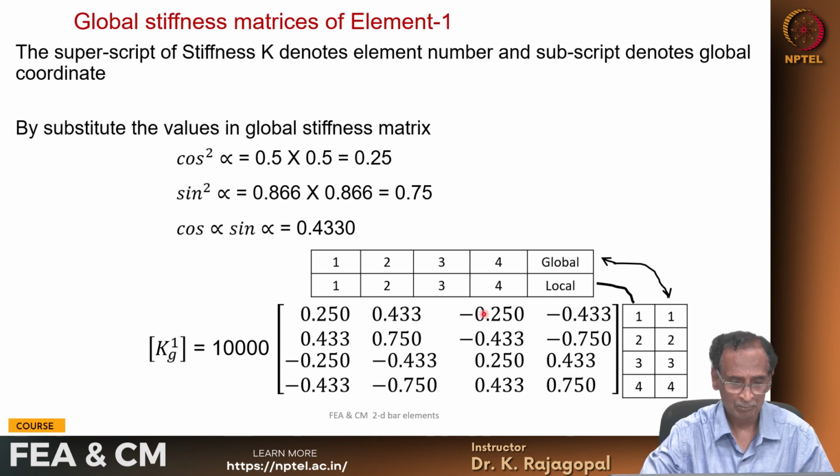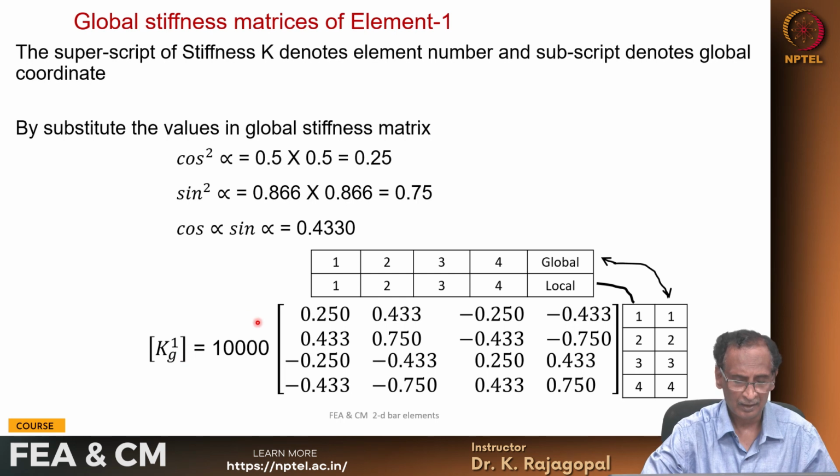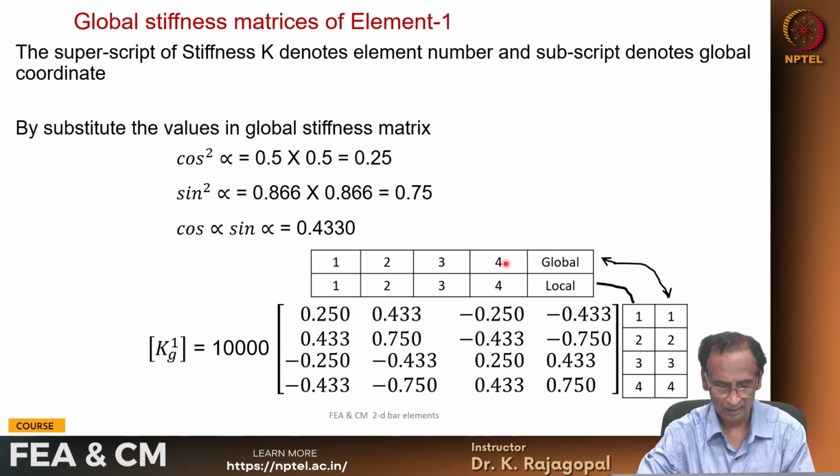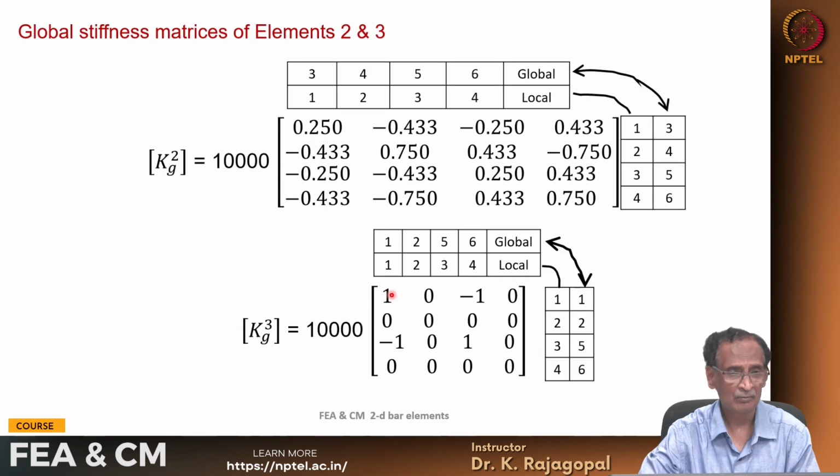It just so happens that for the first element, the degrees of freedom 1, 2, 3, 4 at the local level correspond to 1, 2, 3, 4 at the global level. So we can directly place it in the global matrix in the first 4 rows and 4 columns.